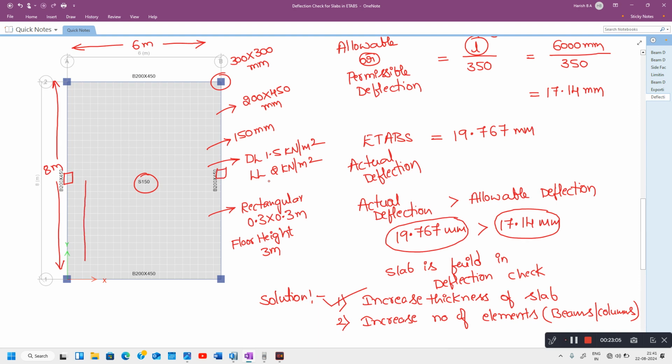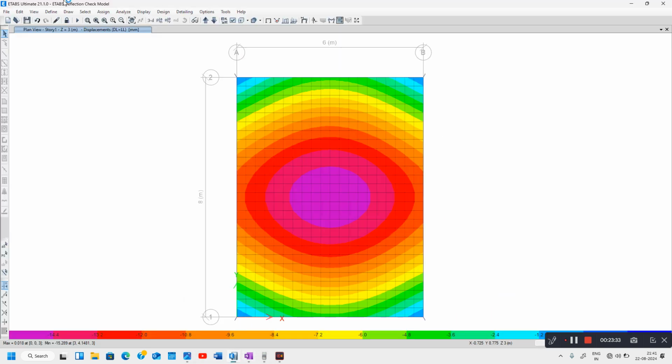So at a distance of 4 meter, I will introduce columns here. Similarly here, I will introduce a column at a distance of 4 meter. So I will divide this span. Initially it was 8 meter. Now I will divide this into 4 meter and 4 meter. So let me check it.